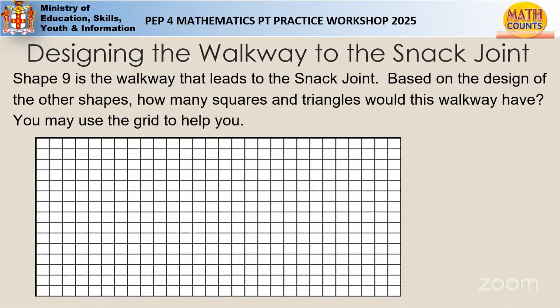Based on the design of the other shapes, how many squares and triangles would this walkway have? You may use the grid to help you. So based on what we have been doing so far, who can tell me how many squares we will need to get to the snack joint, considering that it would be shape 9?